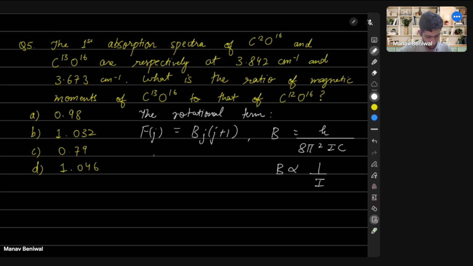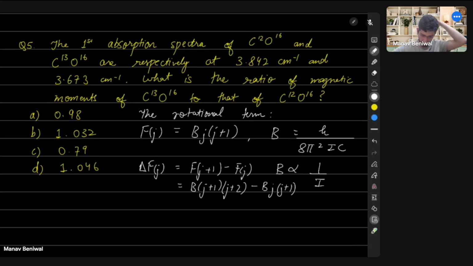Also delta F J, this is F J plus 1 minus F J. Okay, so this becomes B (J plus 1)(J plus 2) minus B J (J plus 1).